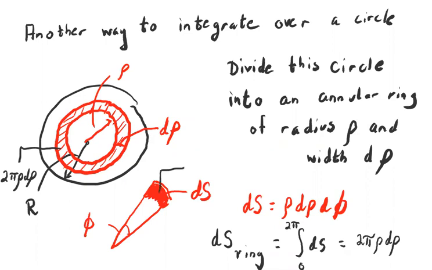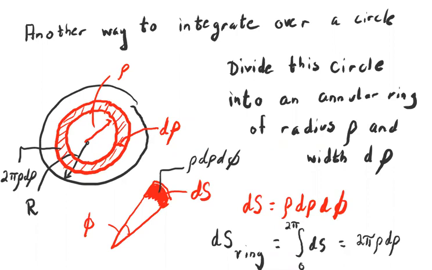What's here is rho d phi. And I used my knowledge of the differential surface element in plane polar coordinates to calculate the area of this annular ring, this shaded red region.